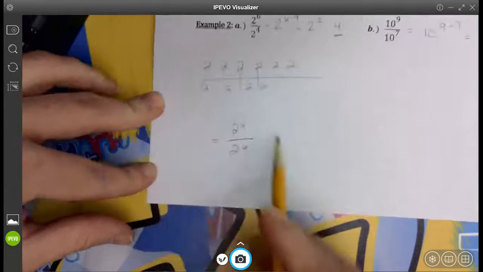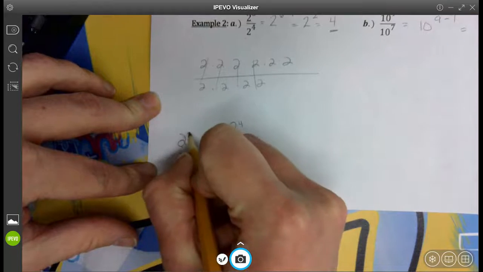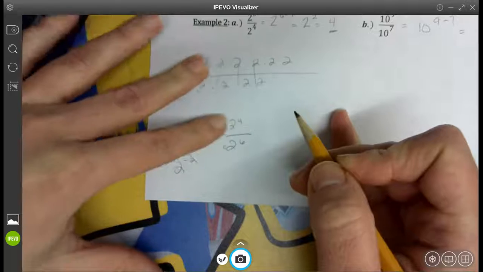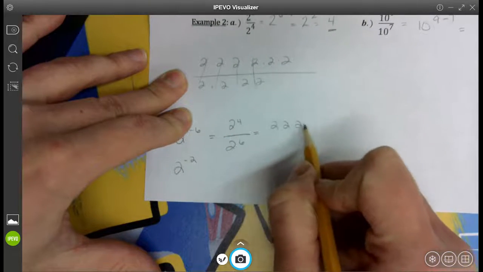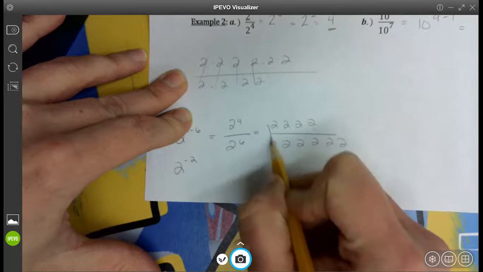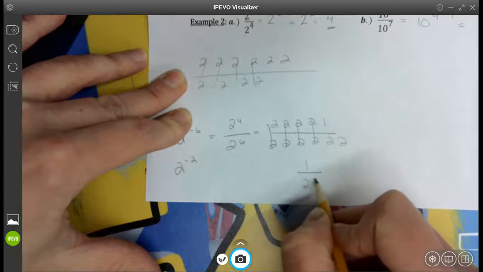Well, if we use our subtraction method, 4 minus 6 would give us a negative 2. Well, what would it look like if we simplified it the long way? Everything would cancel to 1. It'd be 1 over 2 squared.